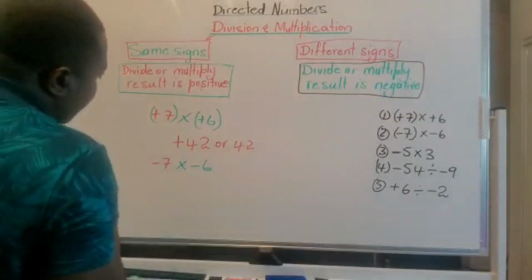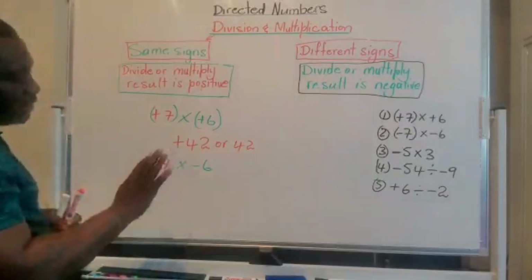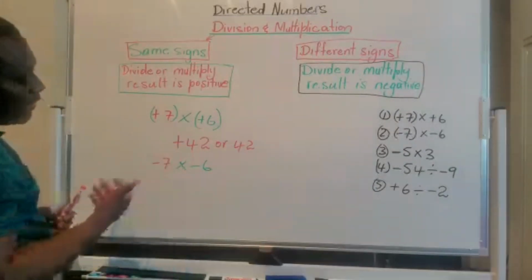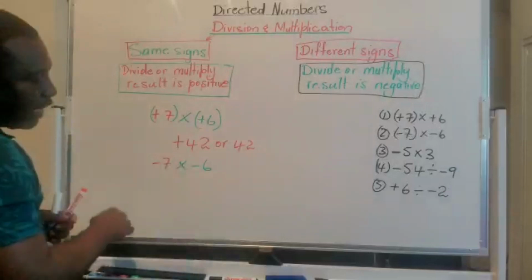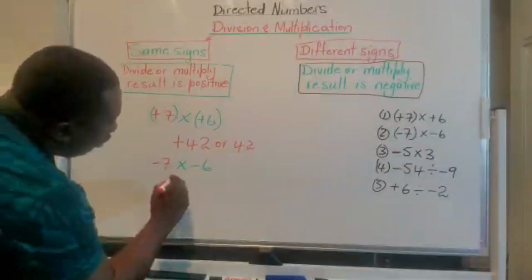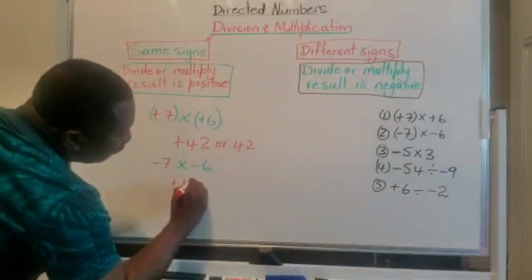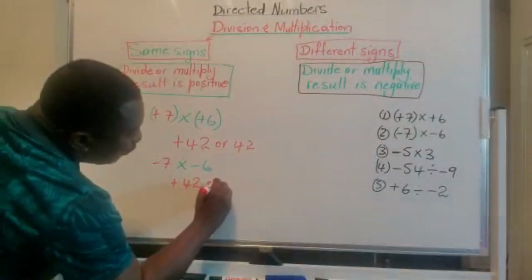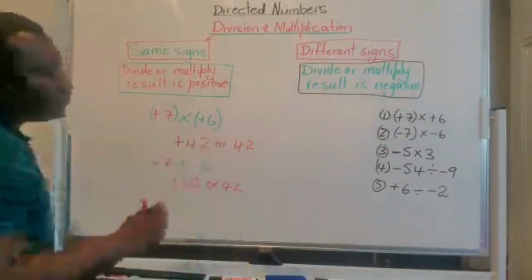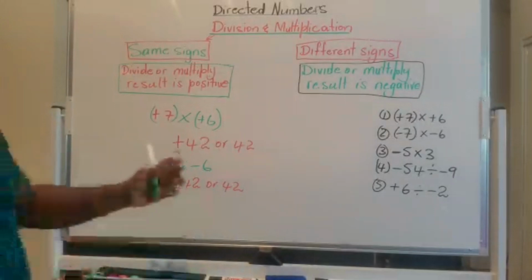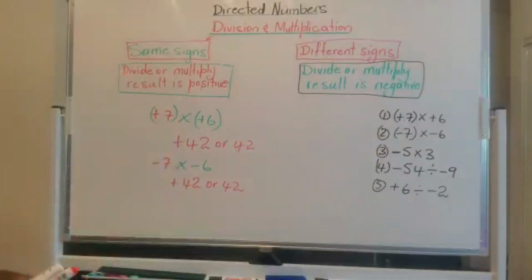Therefore, negative 6 times negative 7 or negative 7 times negative 6 will also give us a positive 42. Those are two problems we have worked.